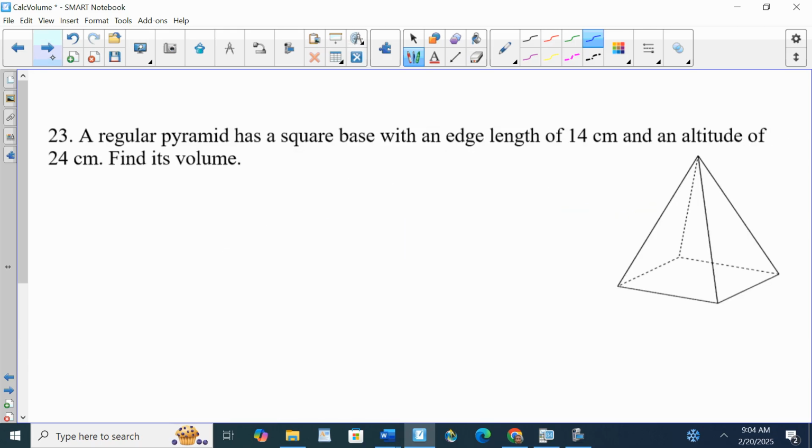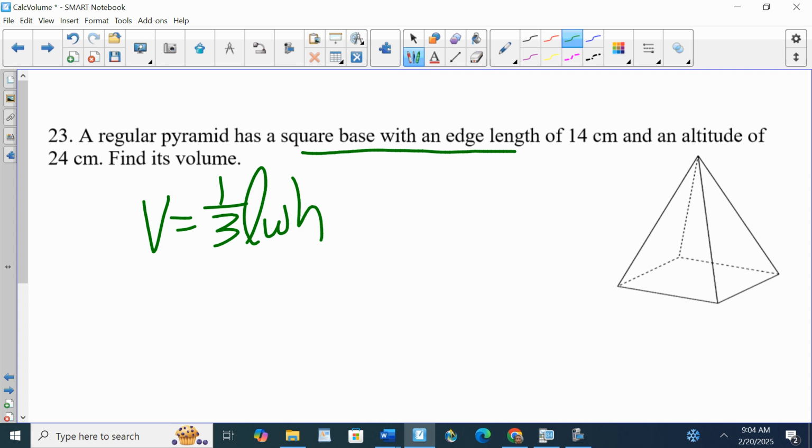All right, some more twists. This isn't a big twist, but it is a twist that catches students a lot of the time. Pyramid, we know, is 1/3 length times width times height. It says that it has a square base with an edge length of 14, so that's 14. Altitude is height, so if it ever says altitude, altitude is height of 24.